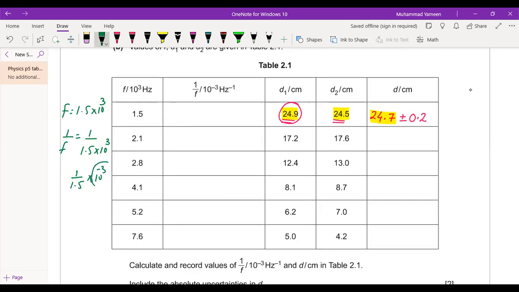That has been made as a unit of 1 over f. So you have to do 1 over 1.5. Is that clear? You cannot write 10 to the power minus 3 over here because that has been made as a unit of this 1 over f.